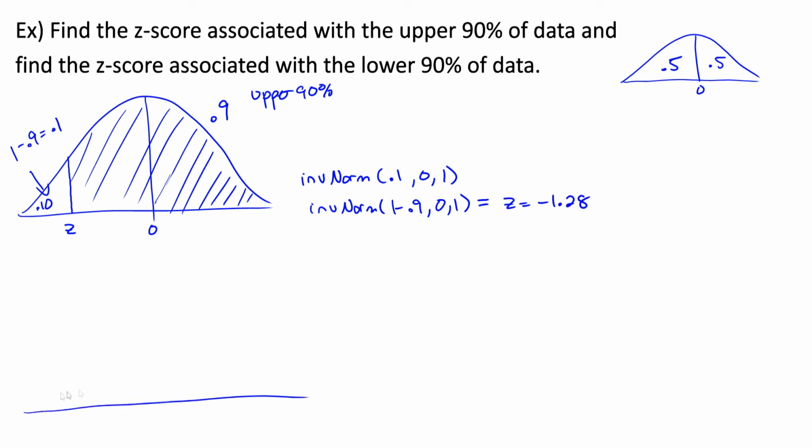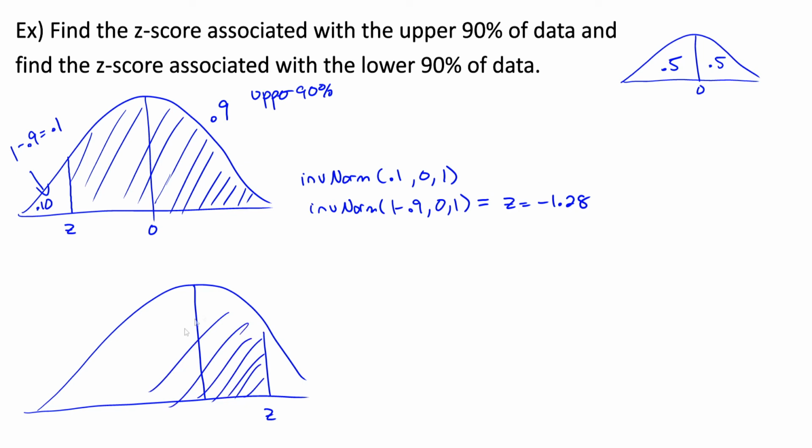Now we'll see what the picture would look like for the lower 90% of the data. So the lower 90% of the data is going to be here. So it's the 90% that reaches into the lower half of the curve. Okay, so these two pieces together give us 0.9, and this is already the amount of area to the left. So if we put this into the calculator, we just put it in as is.